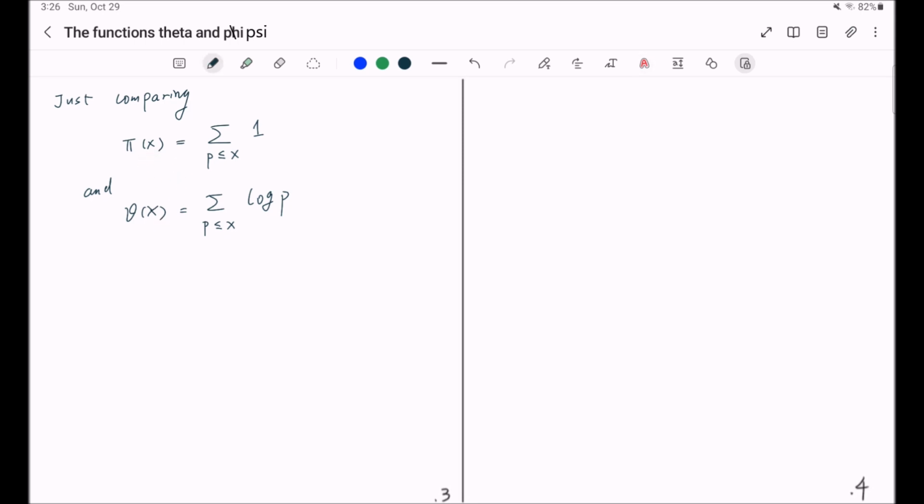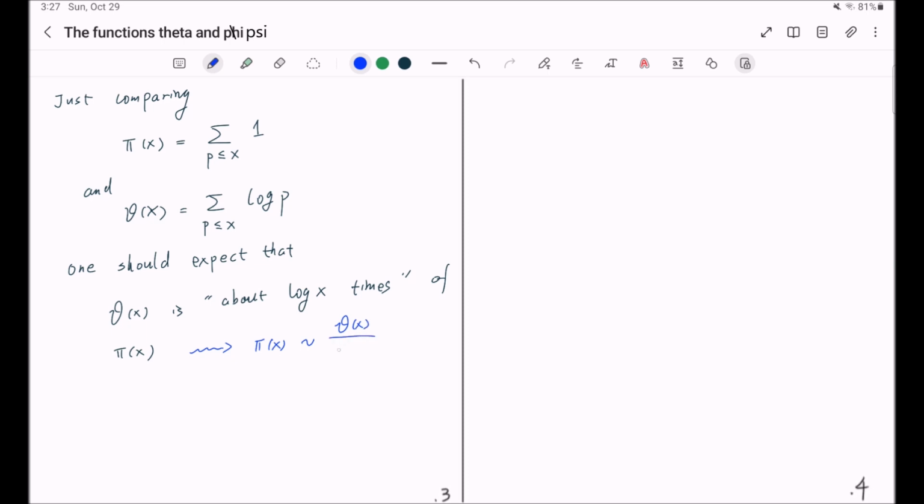By comparing them, one should really expect that theta of x is about log of x times pi of x. So from here, one should expect the asymptotic relation that pi of x is similar to theta of x divided by log of x.